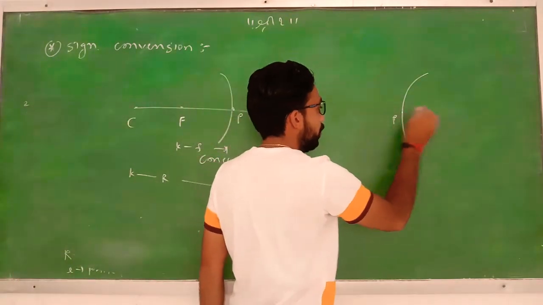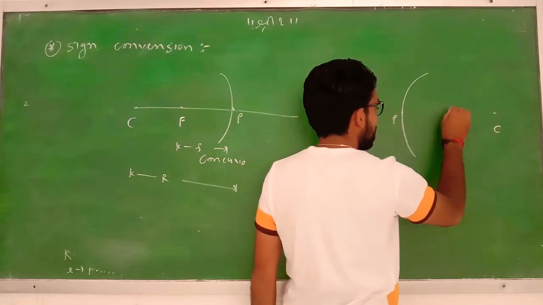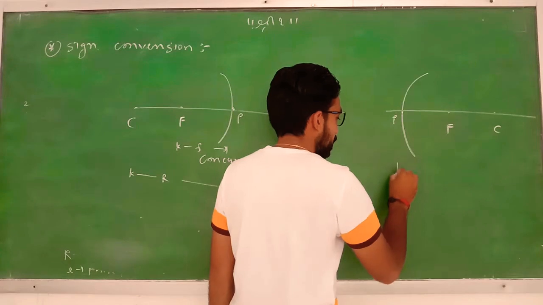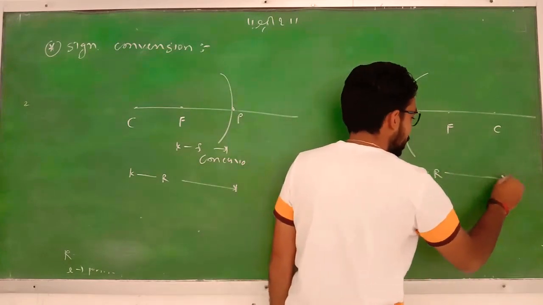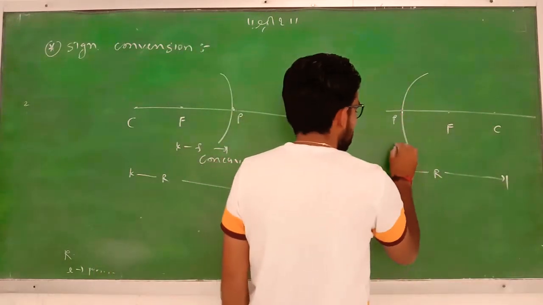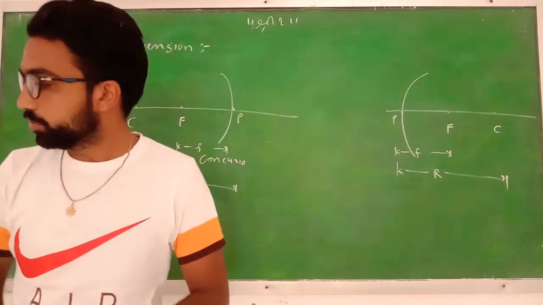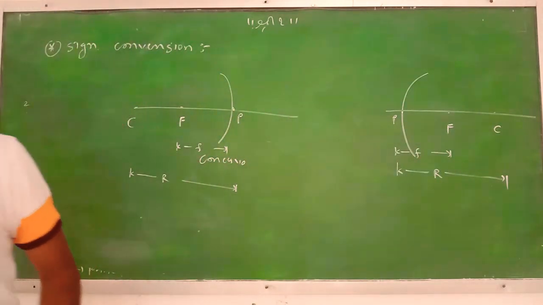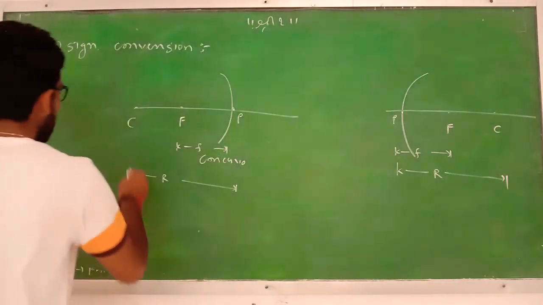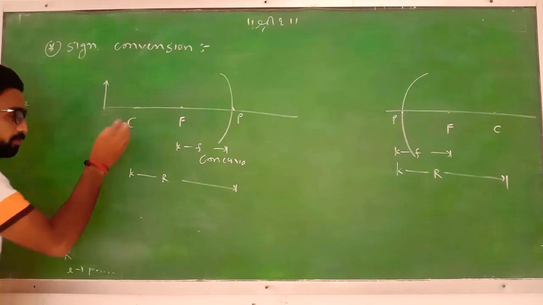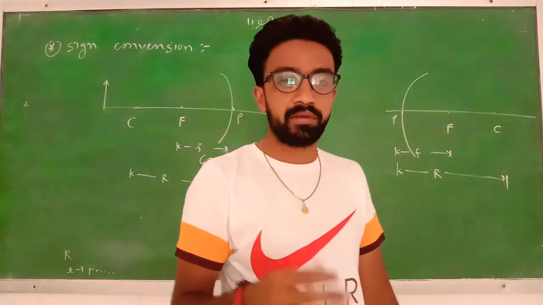Similarly, this is pole, center of the curvature, principal focus, principal axis. Now the radius of the curvature, and this is the focal length f. Now suppose the object is placed beyond C. Suppose beyond C. These positions you have also studied in 10th standard.